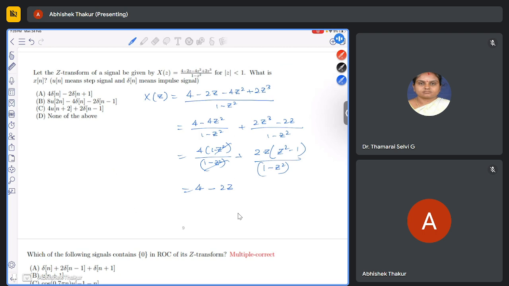So now the inverse Z transform, this is our X(z), and x[n] will be the inverse Z transform of 4, which is 4 delta[n], minus 2 delta[n+1]. Okay, so option A is the correct answer for this question.